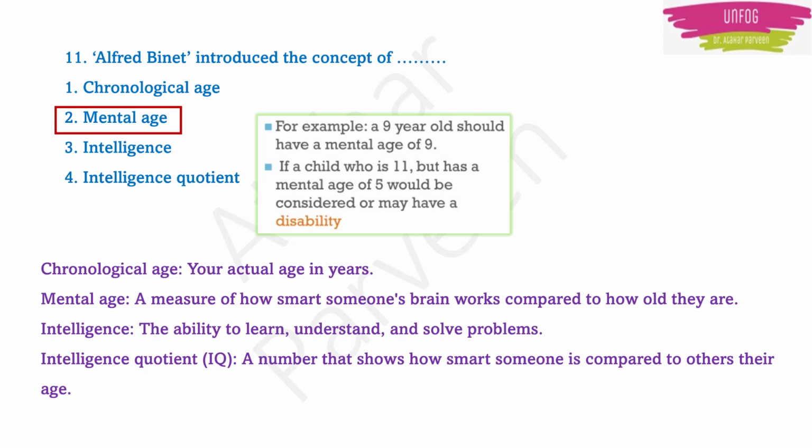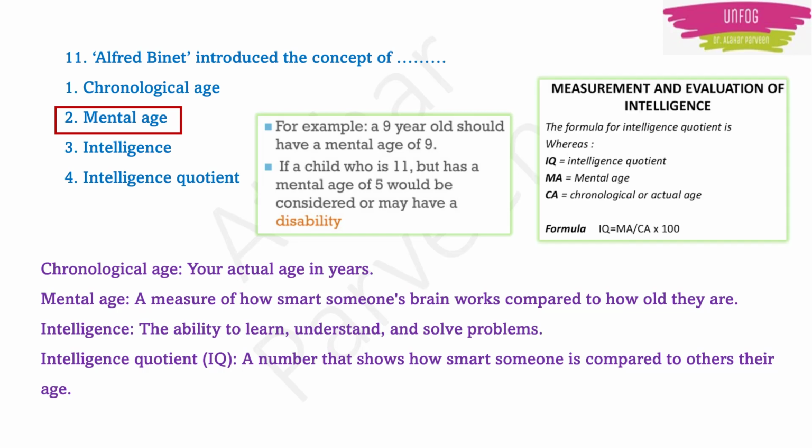The next and most important term is the intelligence quotient, which we commonly call IQ. It is a number which shows how intelligent a person is when compared to his age. Intelligence quotient is a very common question in teacher recruitment examinations pedagogy.